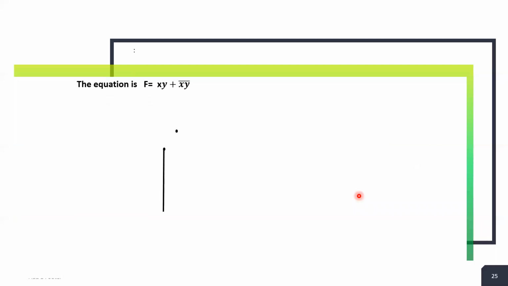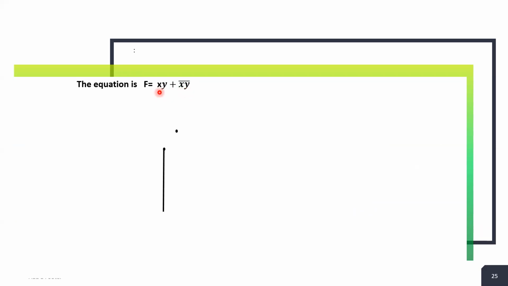Now another equation is F is equal to XY plus X'Y'. According to this equation, we have another two gates. The first one is an AND gate and this one is also an AND gate.